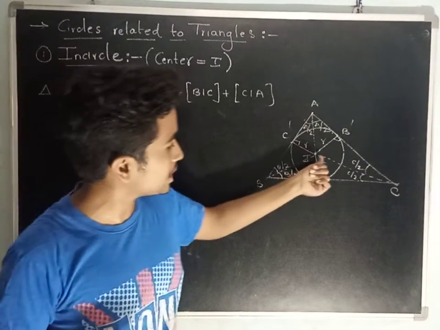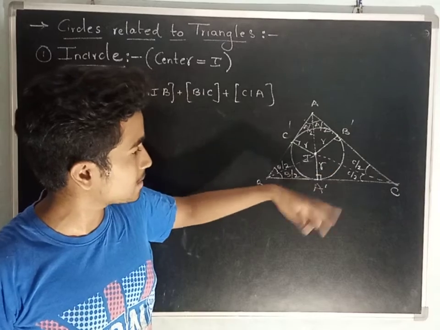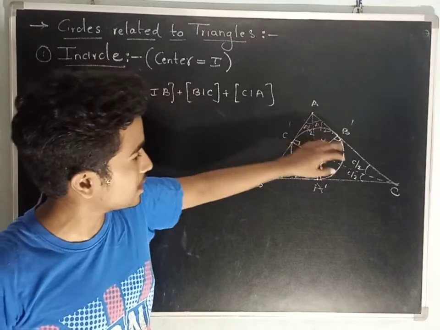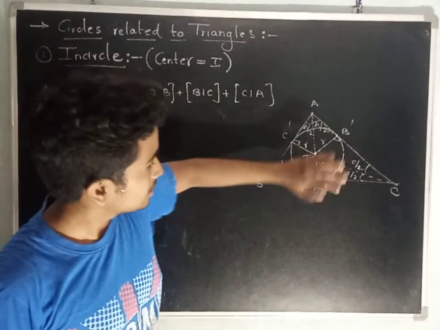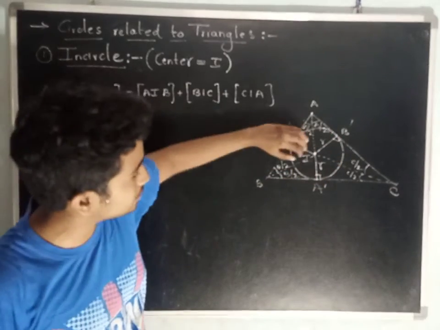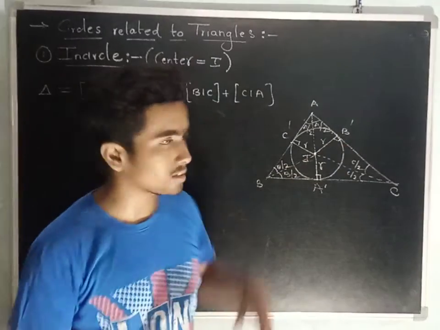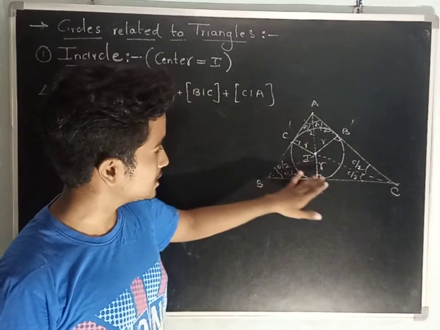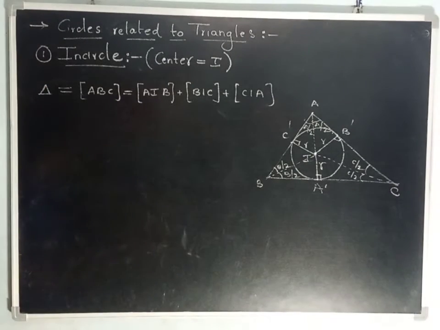Adding the areas of these three triangles, we get the area of the total triangle ABC. Okay?